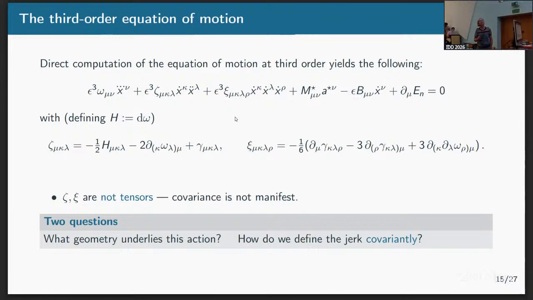We got two functions which are not tensors and which don't transform as tensorial quantities. And we want to understand, first of all, what is the geometry underlying the action and what is the covariant definition of these, because then we have better control over the whole thing.